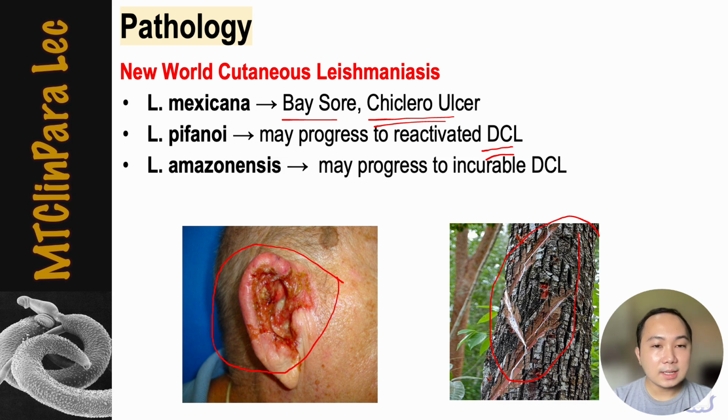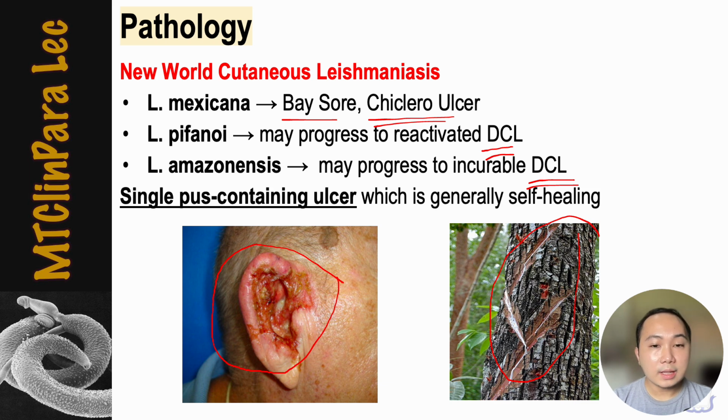L. amazonensis may progress as well to DCL, but this is the type of DCL that cannot be cured, an incurable diffuse cutaneous Leishmaniasis. So again, cutaneous Leishmaniasis for the New World is still represented by a single pus-containing ulcer, just like here in our picture, which is generally self-healing.